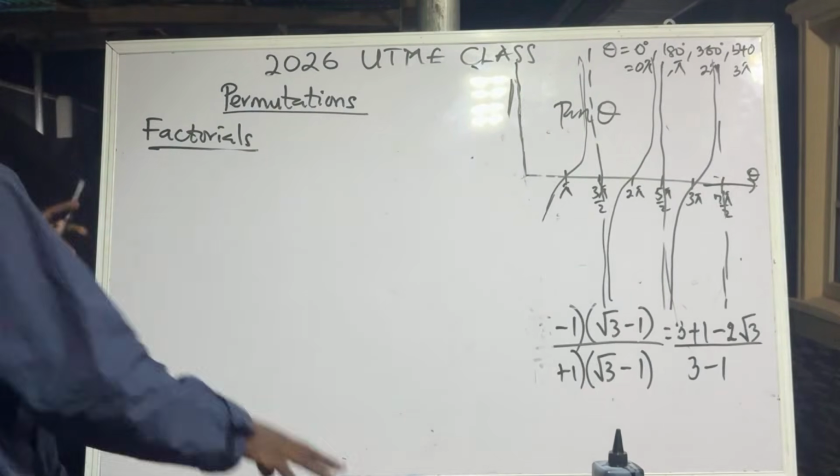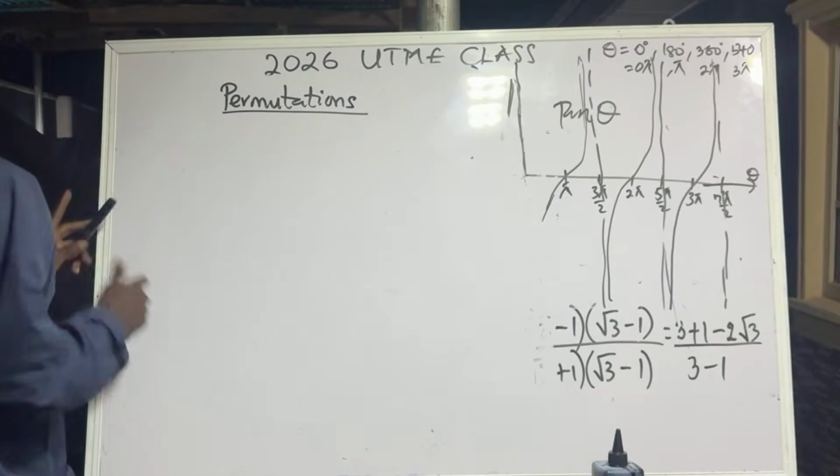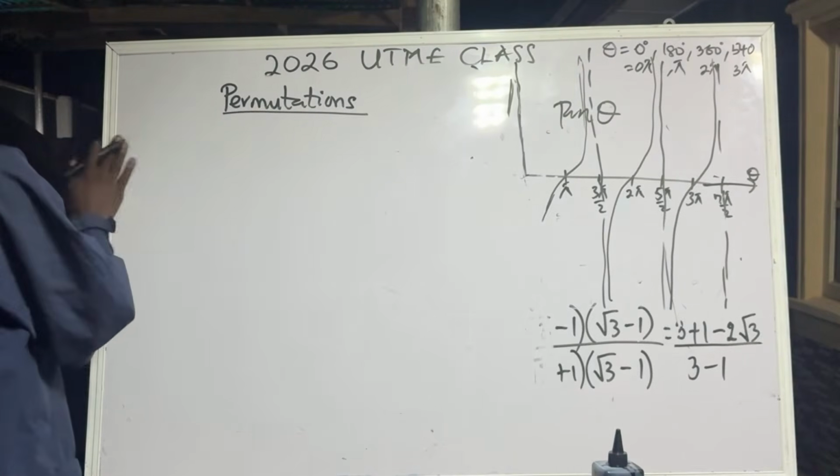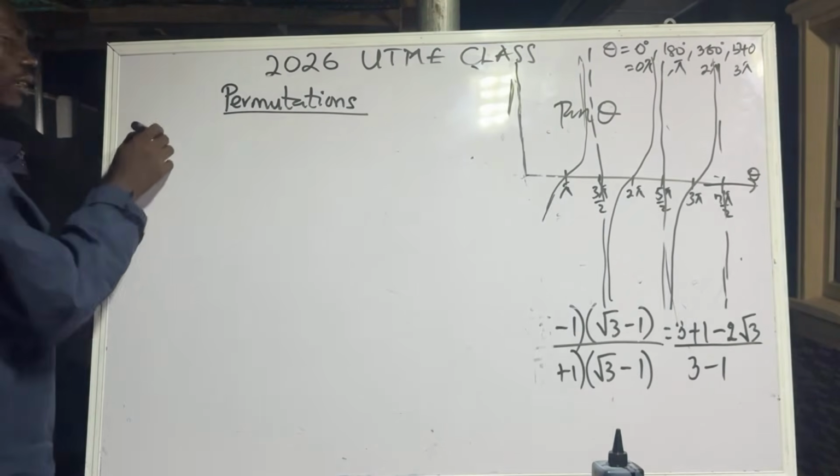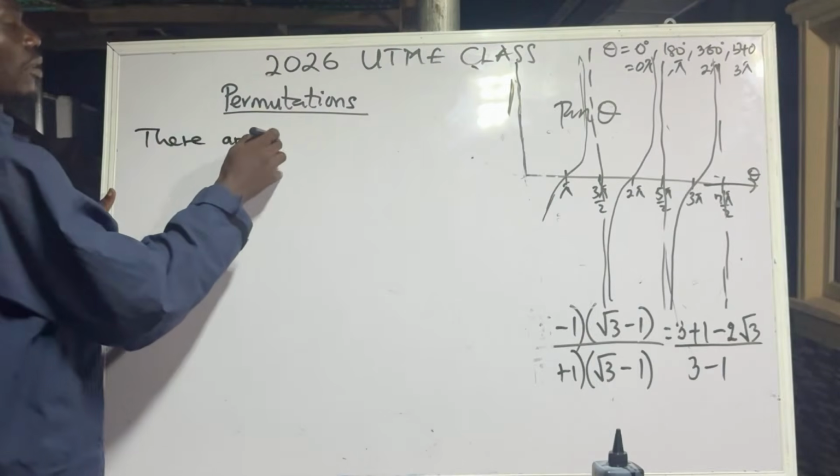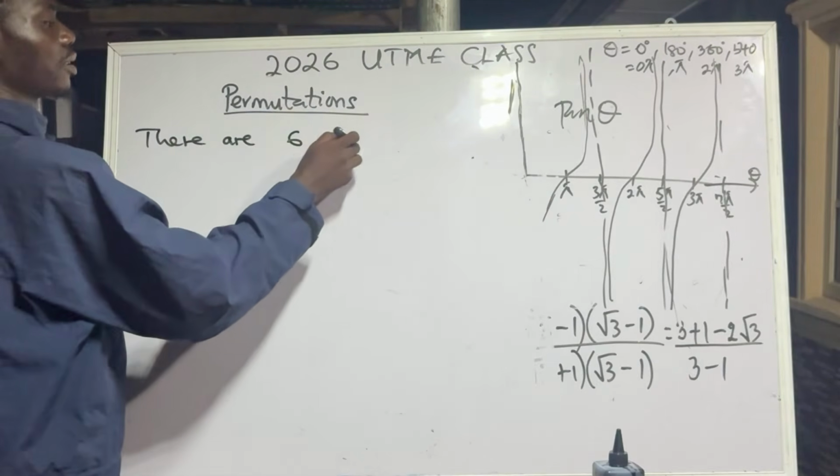What if it is something like this? There are 6 vacant seats.